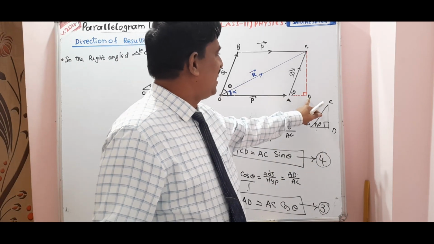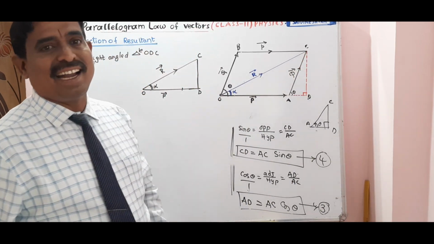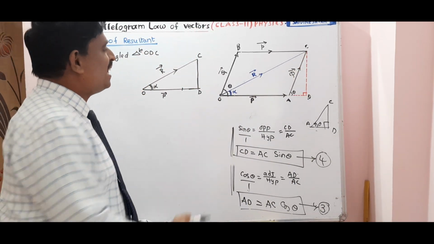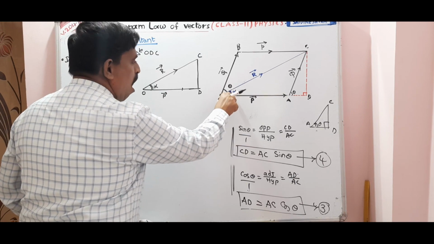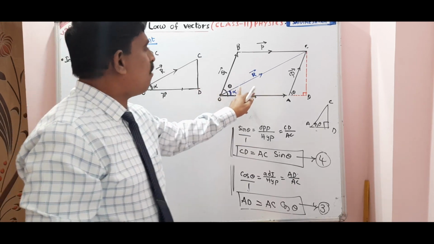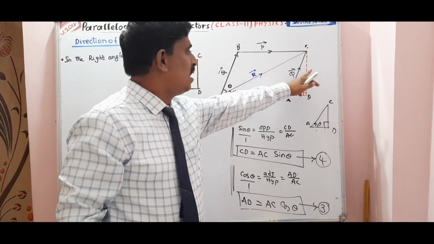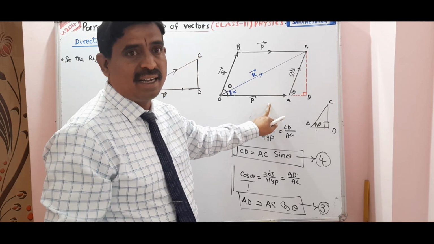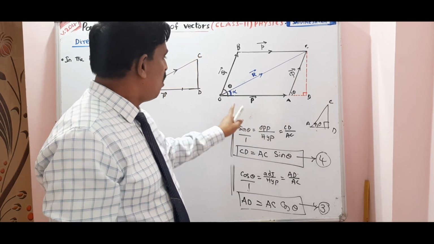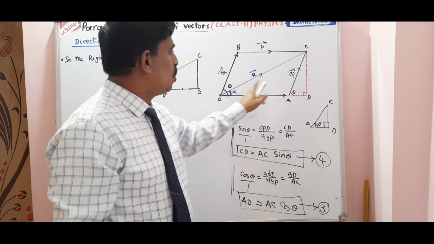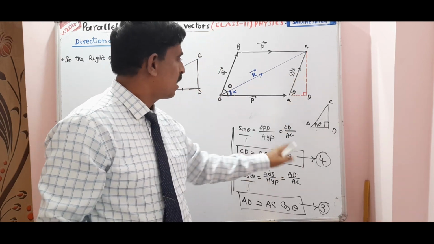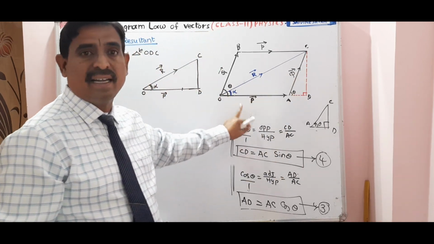OBC is a right angle triangle. In this triangle you are finding this angle alpha. For this alpha you know the opposite side and the adjacent side.